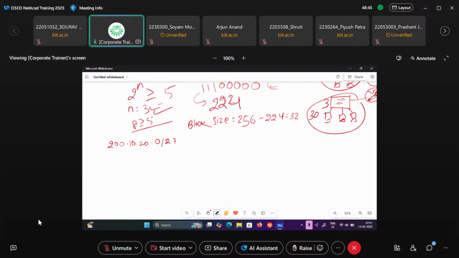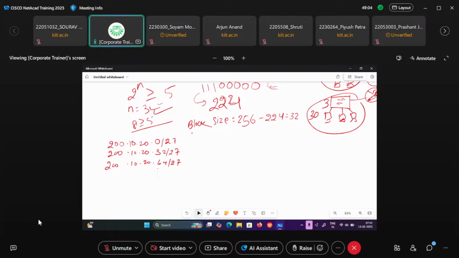And if we calculate subnet 1, I have to add the block size 32, so 200.10.20.32/27, and then 200.10.20.64/27, right? That way I can calculate.